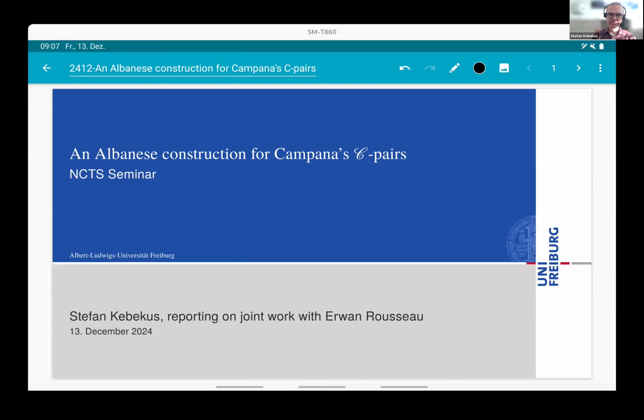And our goal is to break a little out of this restraint by replacing our abelian varieties by a more general class of abelian varieties of C-pairs, and thereby emulate results that are known classically for abelian varieties in the C-pair context, and maybe get a few more general results.